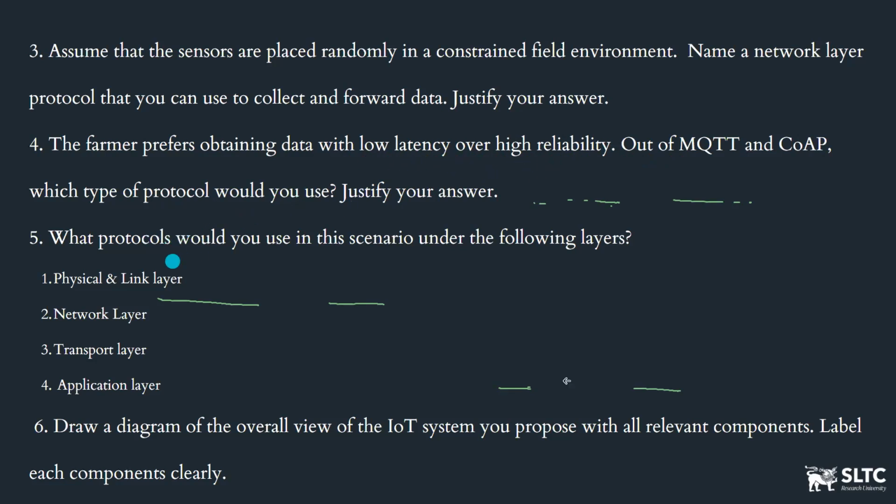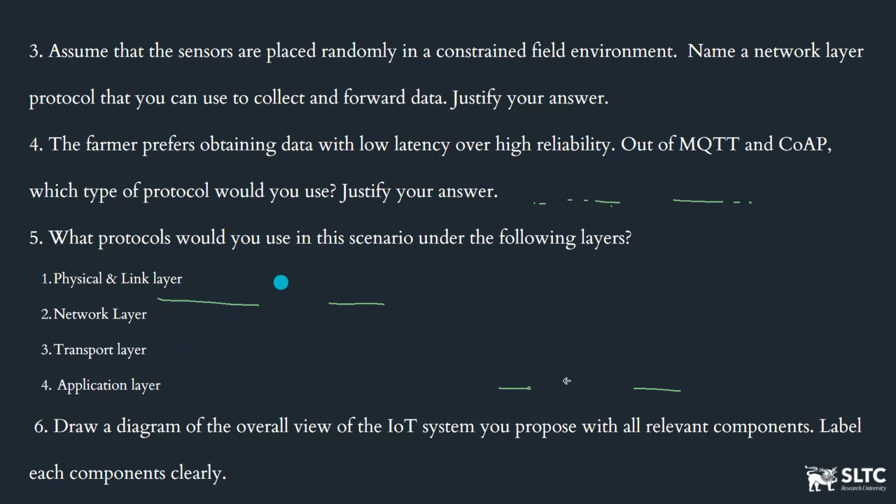Right, and then you need to define which protocols are used for this application by you under each of these layers. What are the protocols that you're using under these layers? So you need to define those protocols for this specific application.